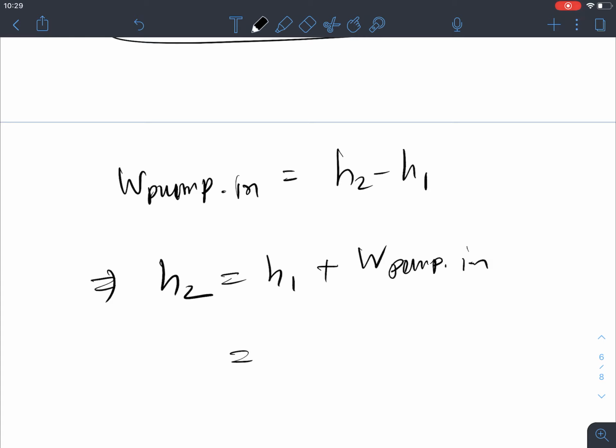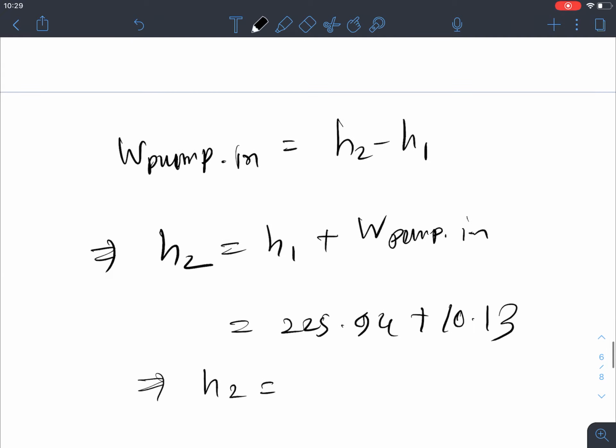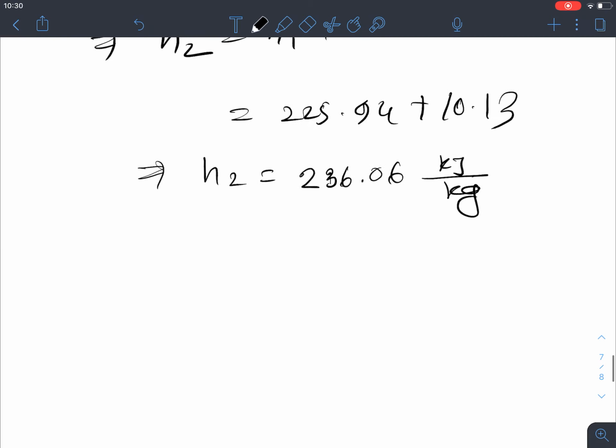The H1 we know is 225.94 plus 10.13, so H2 will be 236.06 kilojoule per kg. So we know point 2.